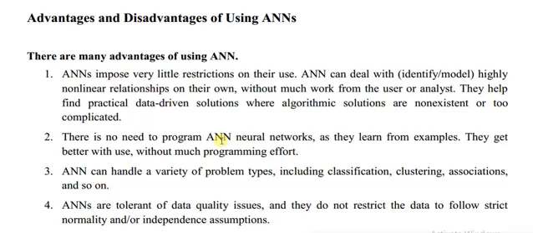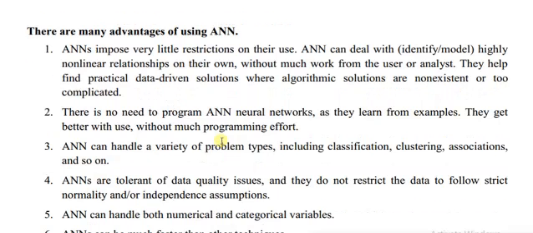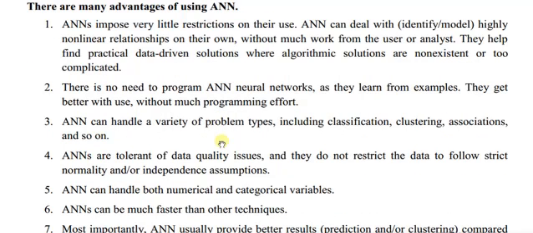ANN can handle a variety of problems including classification, clustering, association and so on, as we have already seen just before. Which types of architectures of ANN are used to perform classification, clustering, association and regression?